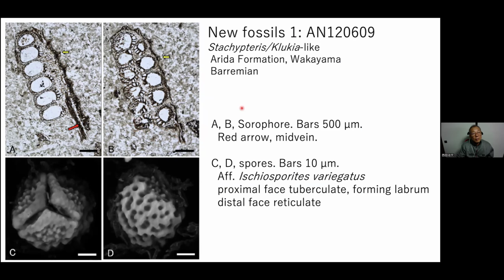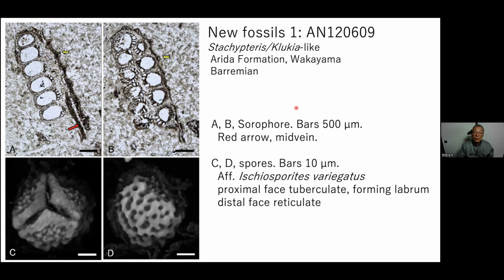And the one peculiar feature of this specimen is the spore morphology. And this one is very close to the Ischiosporites type spores, which is found in Stachypteris type structures.